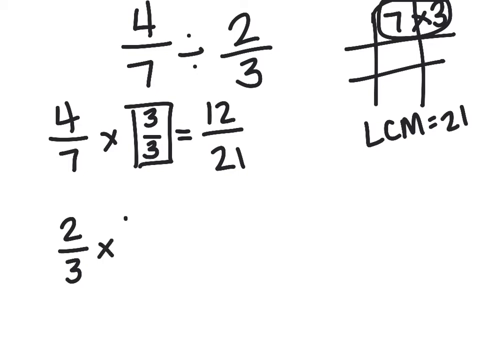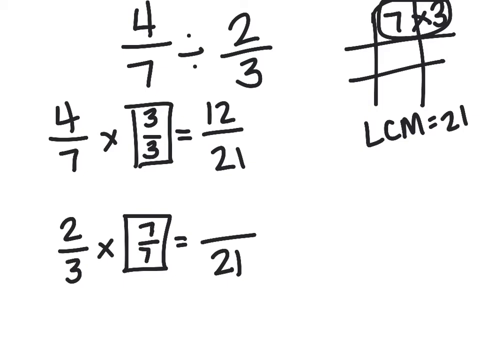I'm going to do the same for 2/3, make my giant 1, and turn it into a fraction over 21. 3 times 7 equals 21, so my giant 1 will be 7 over 7. 2 times 7 is 14. So I now have 12 over 21 divided by 14 over 21.